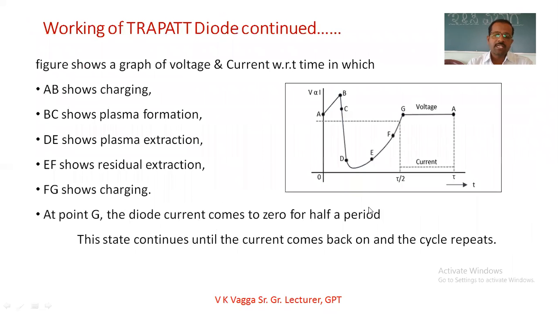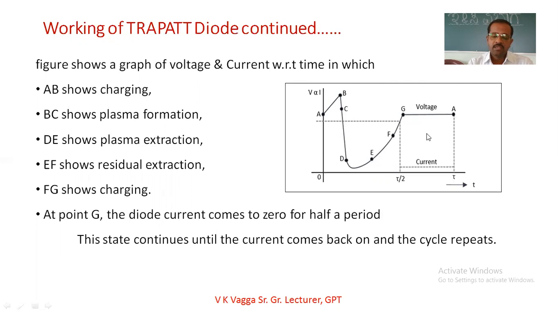If it is explained graphically, AB is the charging, BC is the formation of the plasma, CD up to DE is the extraction of the plasma, EF is the residual extraction, FG is charging again, and GA remains constant for the other half cycle.